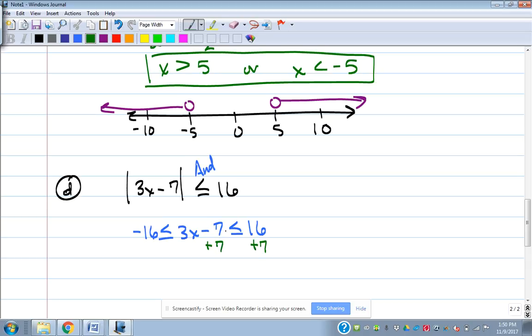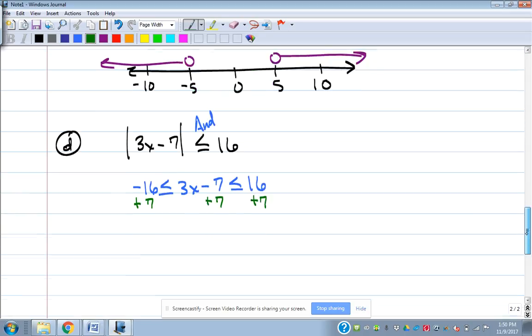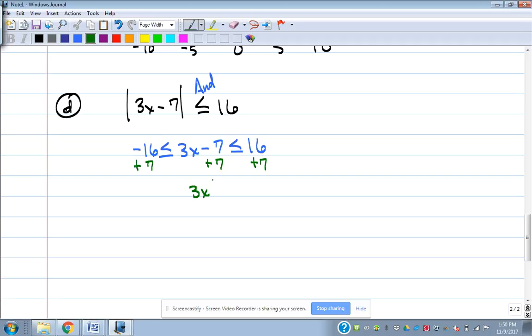Add 7. 16 plus 7, 23. -16 plus 7, -9. Divide.